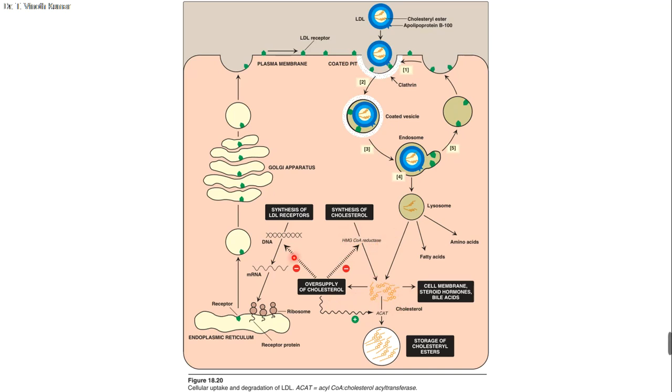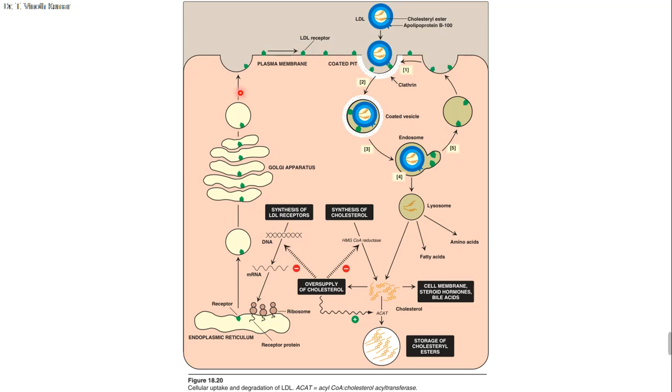It will also bind to the DNA, and I'll explain later how it is stopped. The mRNA synthesis for the LDL receptor is stopped, and if there is no mRNA, there is no protein synthesis, and if there is no protein synthesis, there is no receptor.